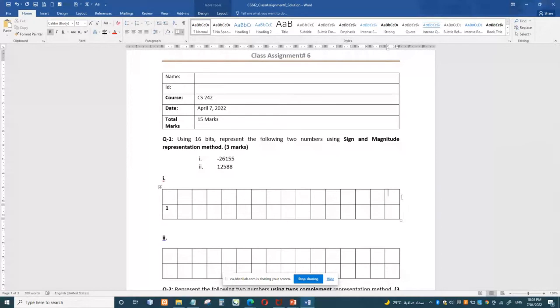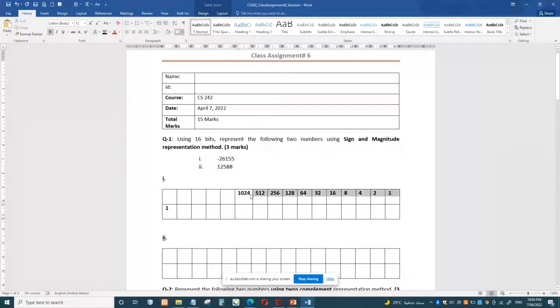For example, the first positional value is 1. That's the positional value for the first bit. And the second positional value is 2. The third positional value is 4. Then it is 8. Then 16. Then 32. Then 64, then 128, then 256, then 512, and 1024.